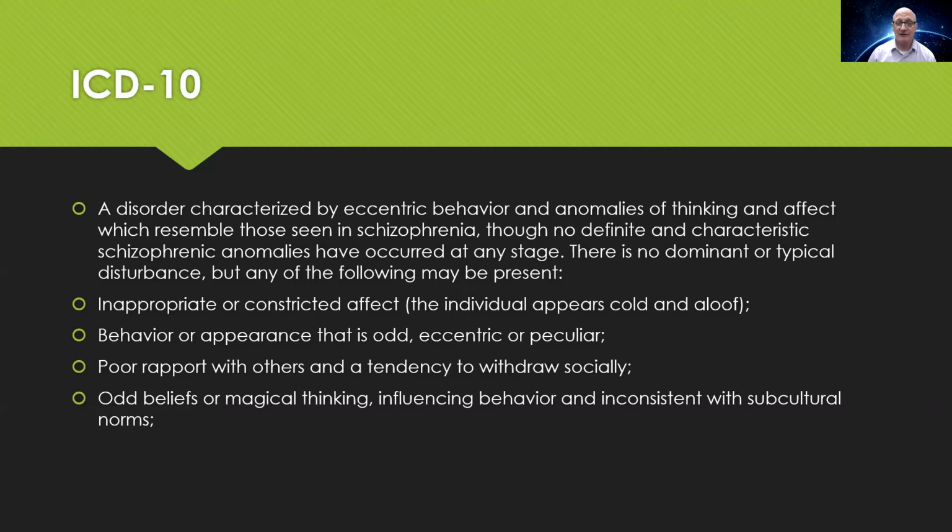It says you've got to have eccentric behavior and anomalies of thinking and affect which resemble those seen in schizophrenia, but no definite and characteristic schizophrenic anomalies have occurred at any stage. There's no dominant or typical disturbance, but any of the following can be present.